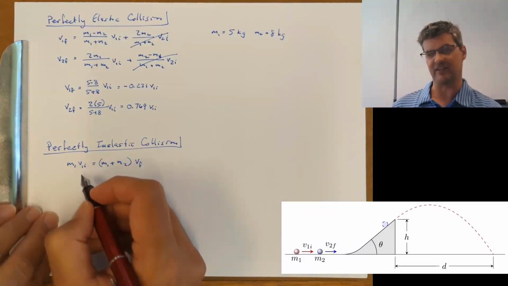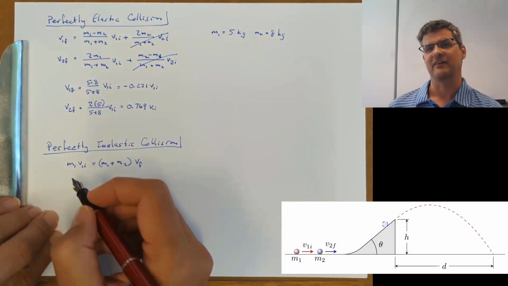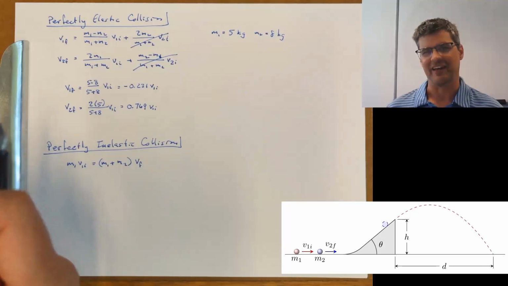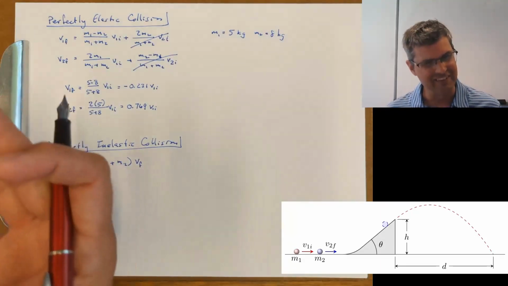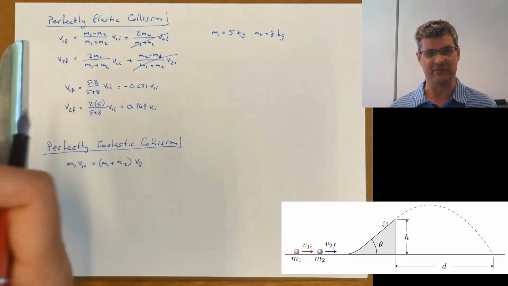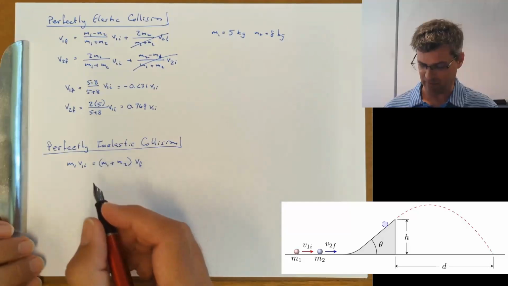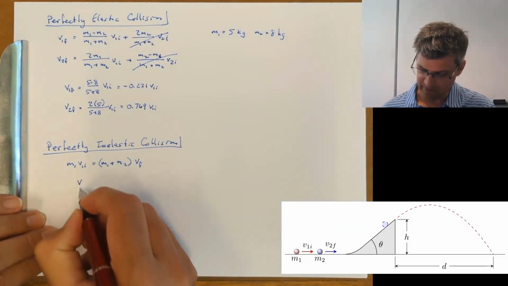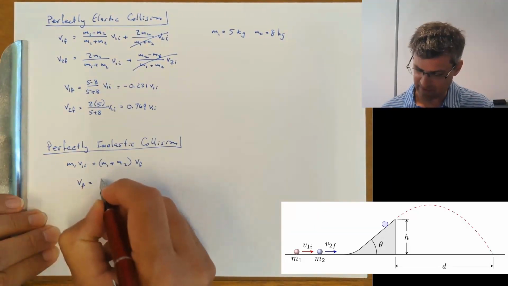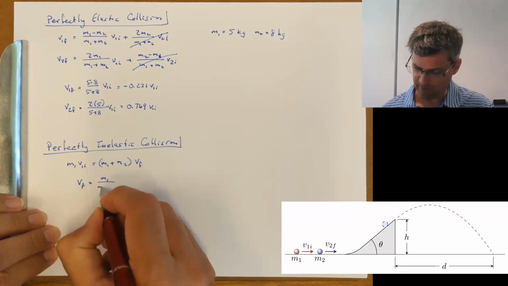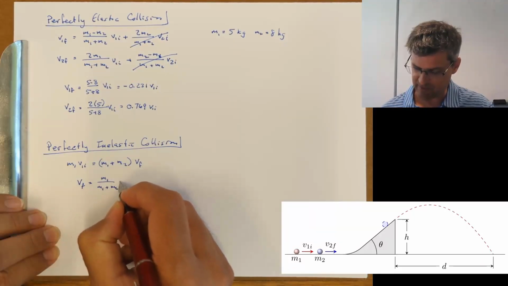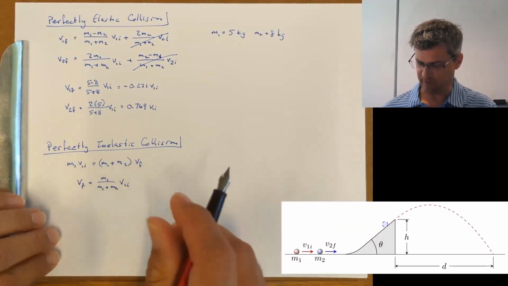In this scenario, if we wanted to find out how fast M1, in combination with M2, was moving, V final is M1 over M1 plus M2 times V1 initial.